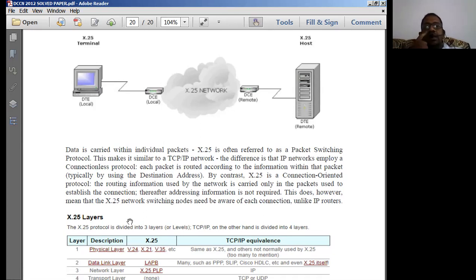Once the first packet contains the routing information and the routing is established, it becomes a connection oriented type of network. Thereafter, addressing information is not required, because the connection is like a dedicated, fixed connection for that transaction.